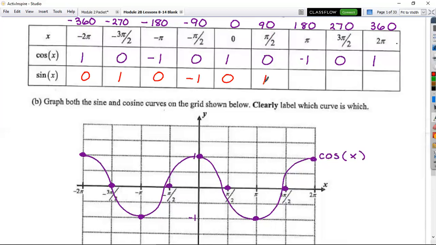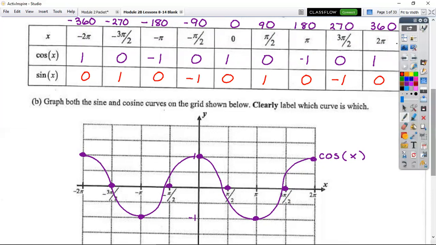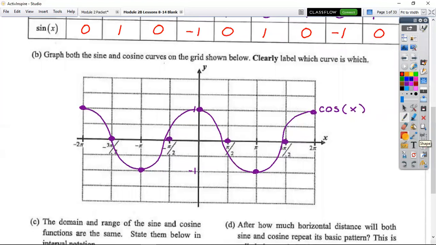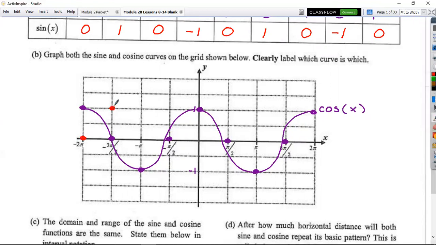And again, it does just repeat a pattern. And then 0, and then negative 1 and 0. And I'm going to do this one in red. So I'm going to graph what we consider a basic sine curve. So I'm at 0, up at 1, and 0, and negative 1, and 0. This is personal preference. I like to draw my curve before I go to the other side.